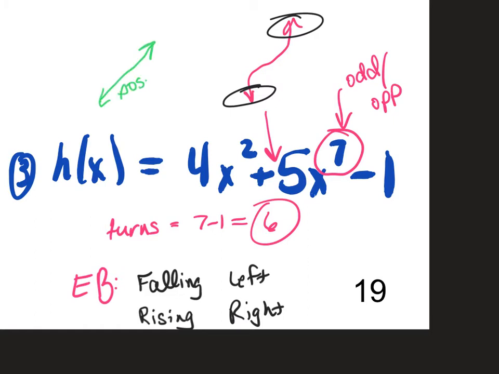Agreed? And a negative line looks like that. You can do the same thing here. This would be falling left, rising right. This would be rising left, falling right. You can do it with a linear function too, just for a visual of what your arrows are doing.